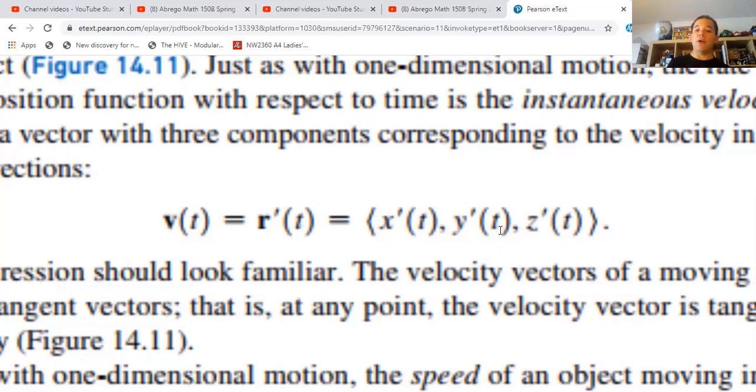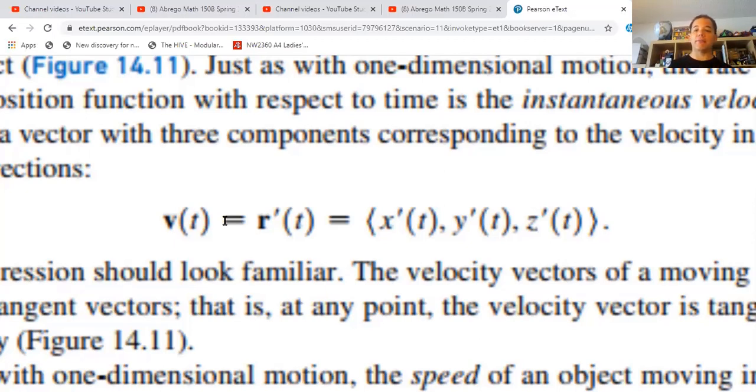And if you want to talk about speed, notice that velocity is a vector. Velocity is a vector. But if you want to talk about the speed, speed is a number. Speed means how fast you're moving per unit of time, without account of the direction.